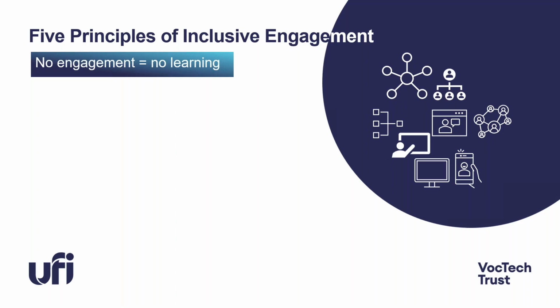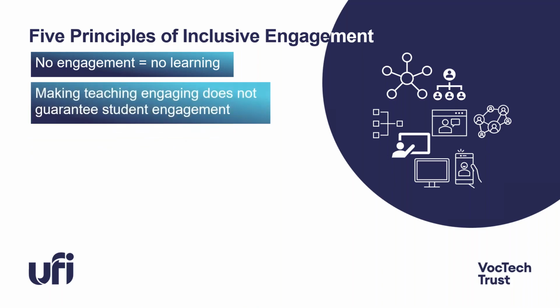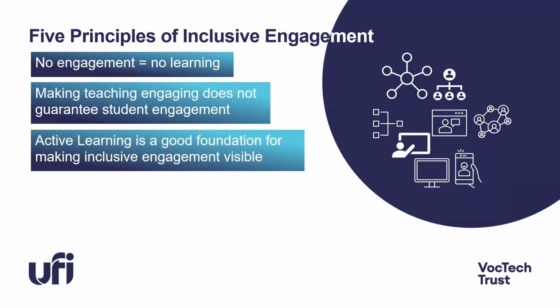It's a truism, but I have to say I've found it quite important to state that with education training practitioners, with teachers. Next, designing exciting teaching and resources does not guarantee that students actually engage. For that, they need to act or produce outputs that make that engagement visible to the teacher, and that is the third principle.